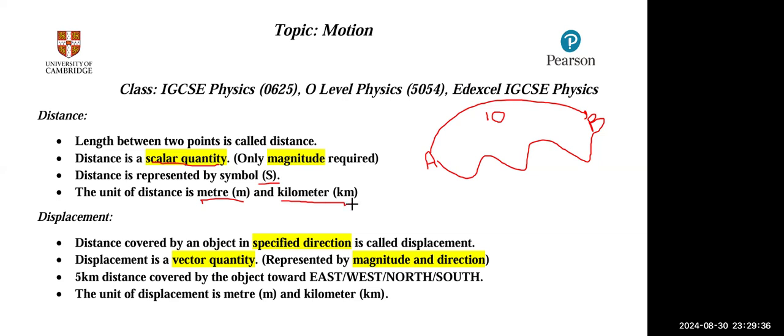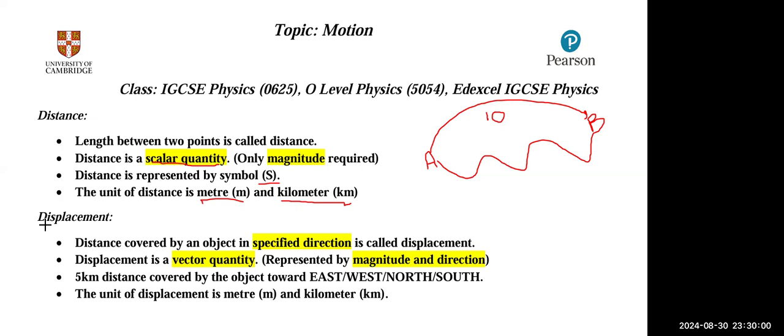It depends upon the situation. When we solve the past paper, I will give you all the ideas on how to convert kilometer into meter, and in which cases kilometer is required and in which cases you have to convert kilometer into meter. So you have to check this scenario in the Cambridge questions.